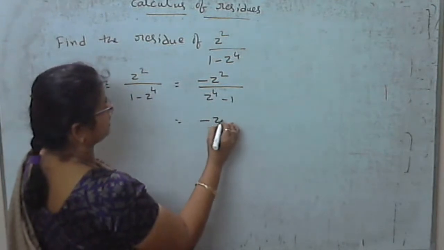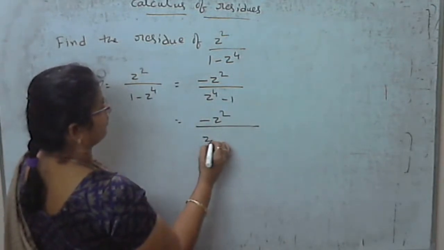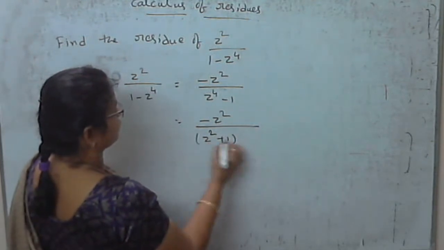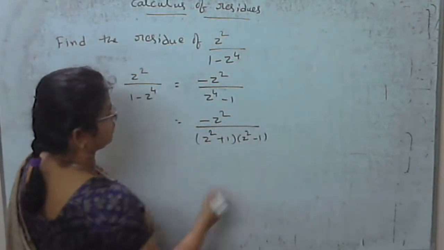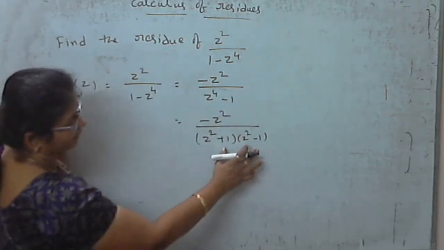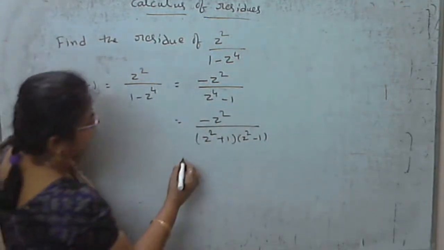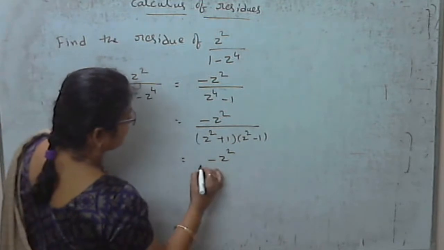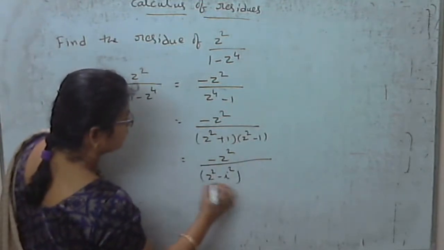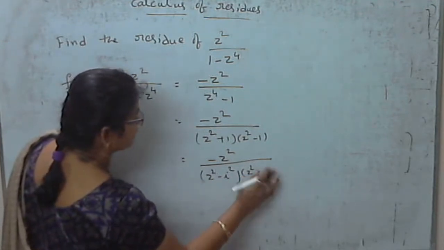Z power 4 minus 1 is z square plus 1 into z square minus 1. So minus z square by z square minus i square into z square minus 1.